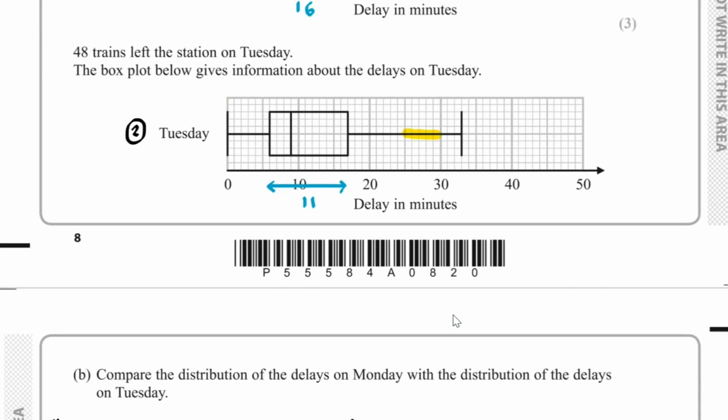In fact we could have delays between 17 minutes and 25 minutes, or delays between 30 minutes and 33 minutes.